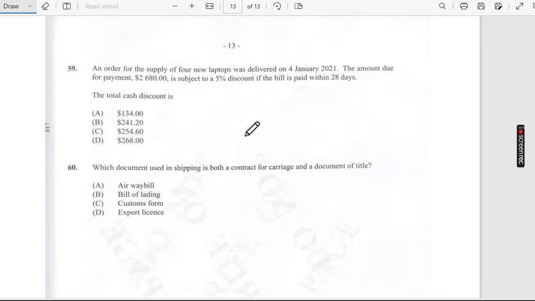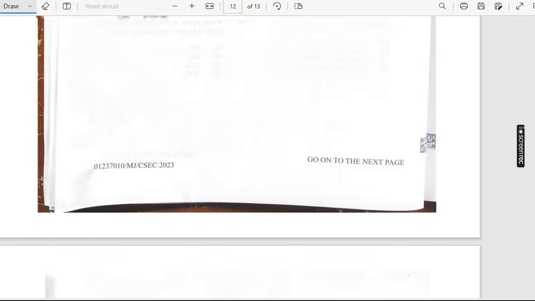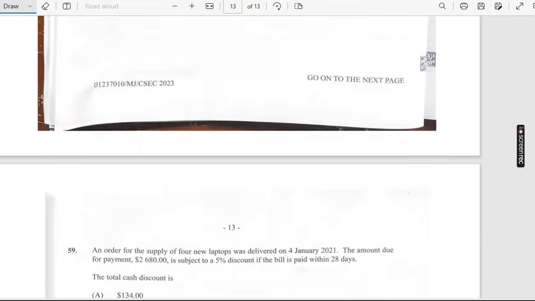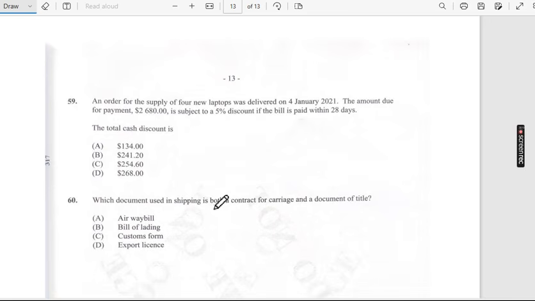Alright. Number 59. It says an order for the supply of 4 new laptops were ordered on January 4, 2021. The amount due for the payment is $2,680. This is subject to 5% discount if the bill is paid within 28 days. So what is the cash discount?